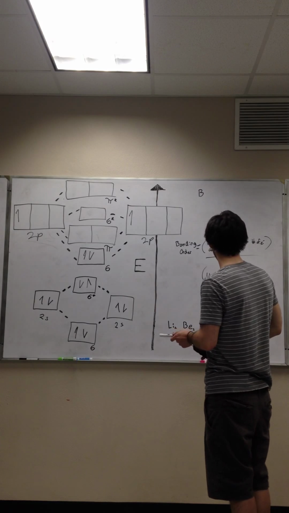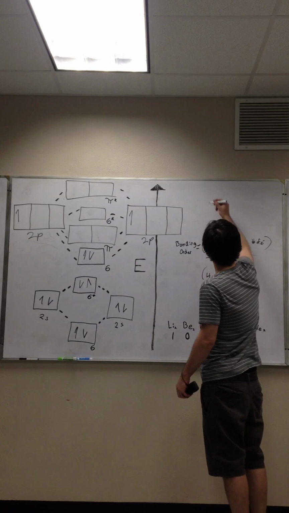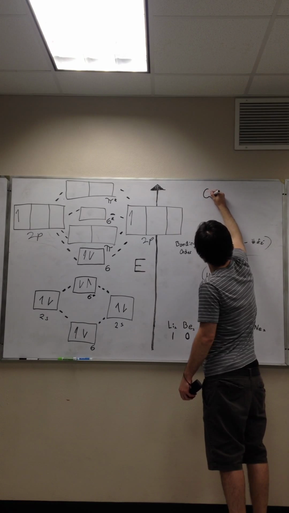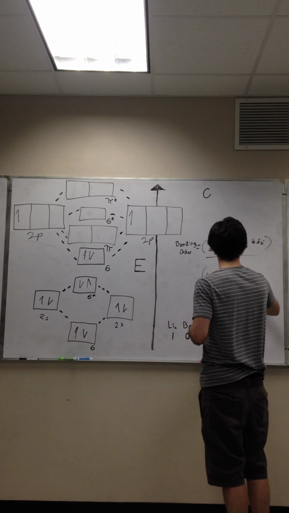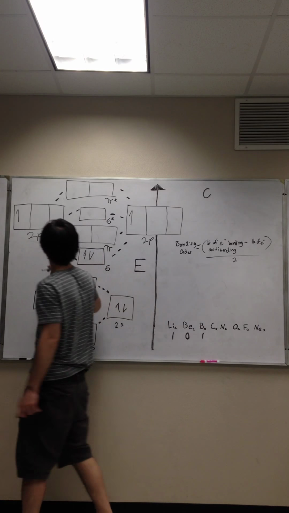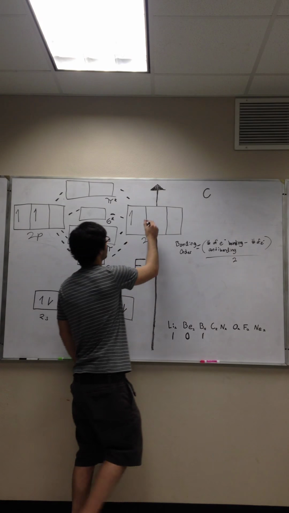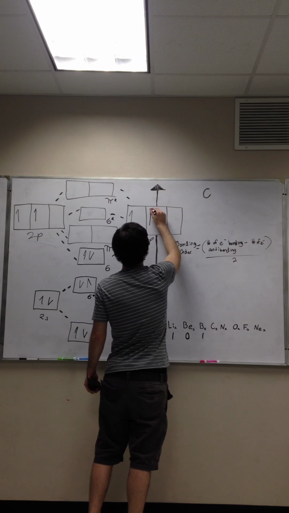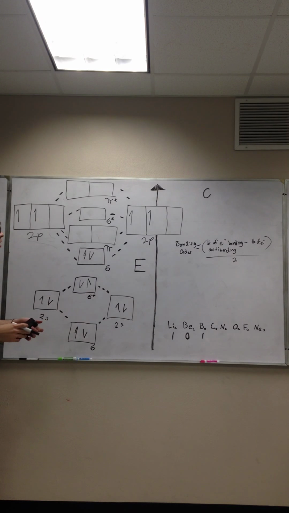So, moving on, we now have carbon, which will again have 1 more valence electron than our last element that we observed.